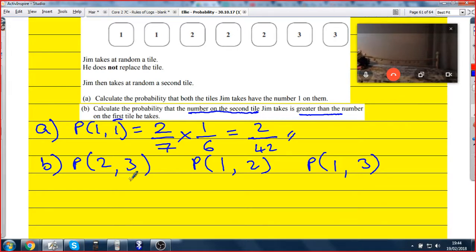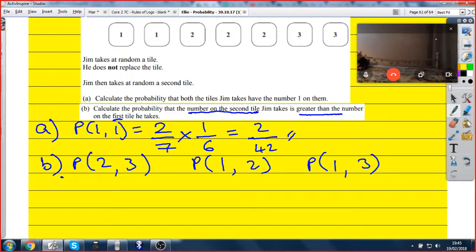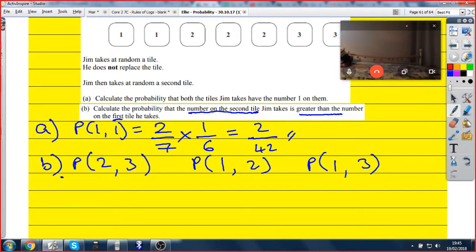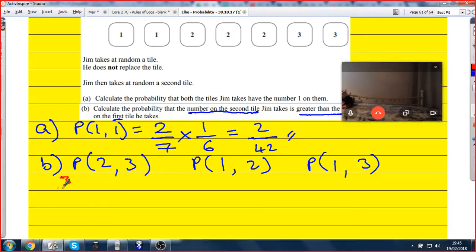Say it again, sorry. Would it be 2 over 7? How many 2s are there? Oh, would it be 2 fractions for the first one? Yeah. So what would the fractions be? So the first one would be 3 over 7, and then the second one would be 2 over 7.